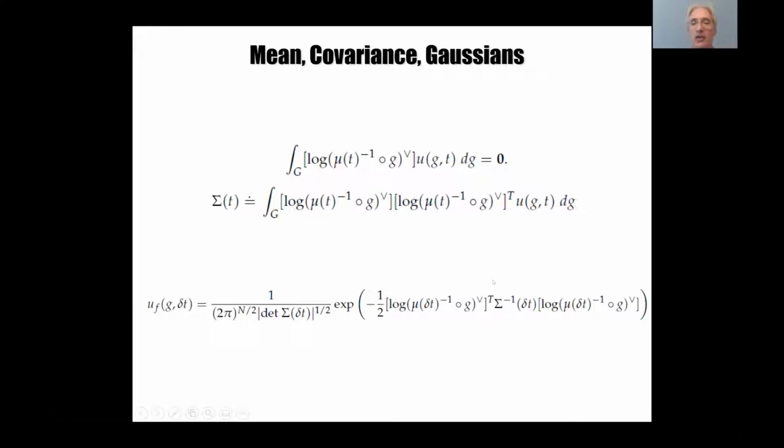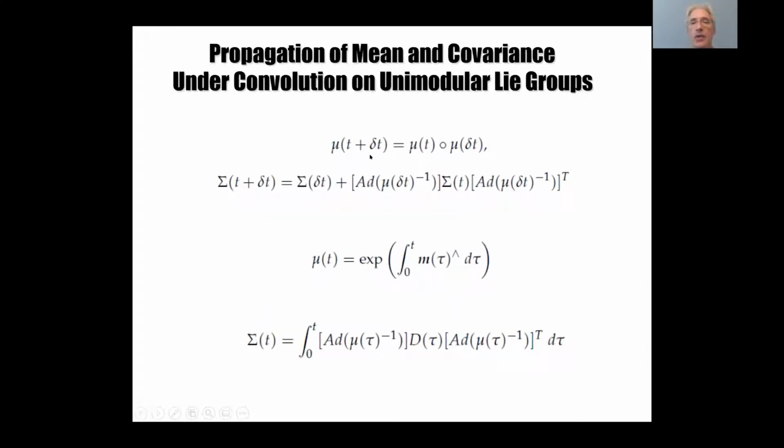So all of these things, for the Lie groups that I'm interested in, which are mostly matrix Lie groups, are explicitly computable. And what's interesting, and maybe you can enlighten me as to whether this is well known or not, it was not well known to me, is that if you have a diffusion equation, you can propagate the mean to first order, in other words as an approximation, by a simple concatenation of steps, and you can propagate covariance as well.